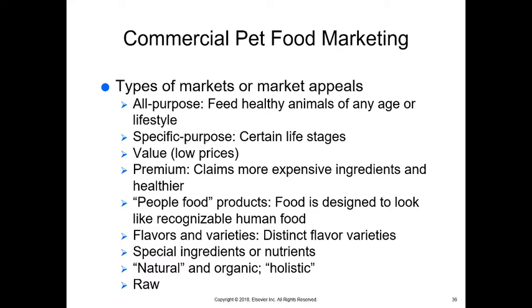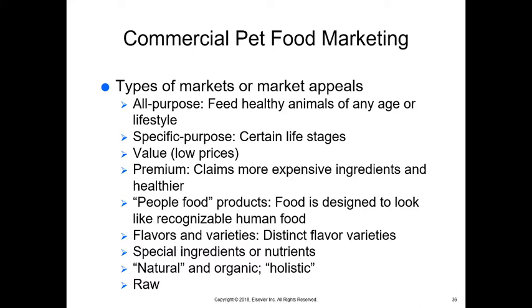All purpose means that it will feed healthy animals of any age or lifestyle. But again, if it's all purpose, it is going to feed the one that needs the most energy. So a really high energy dog or young dog or puppy that has high energy needs.